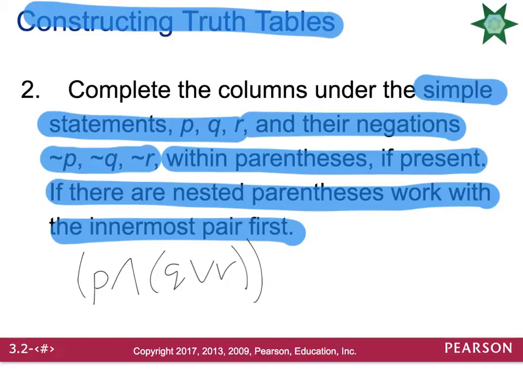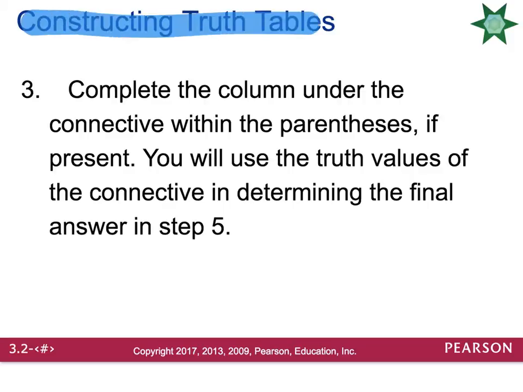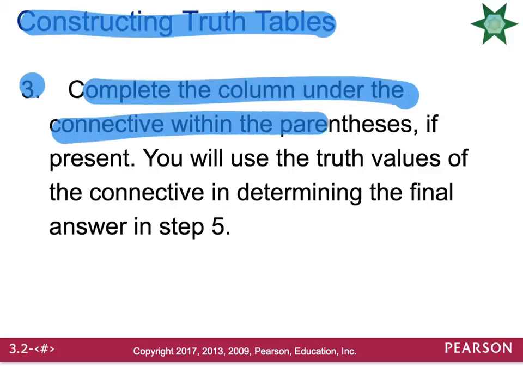So this is our second step in completing the truth table: complete the columns under the simple statements. Our third step is to complete the columns under the connective within the parentheses, if present. Connectives would be like the or, the disjunction, or the and, the conjunction.